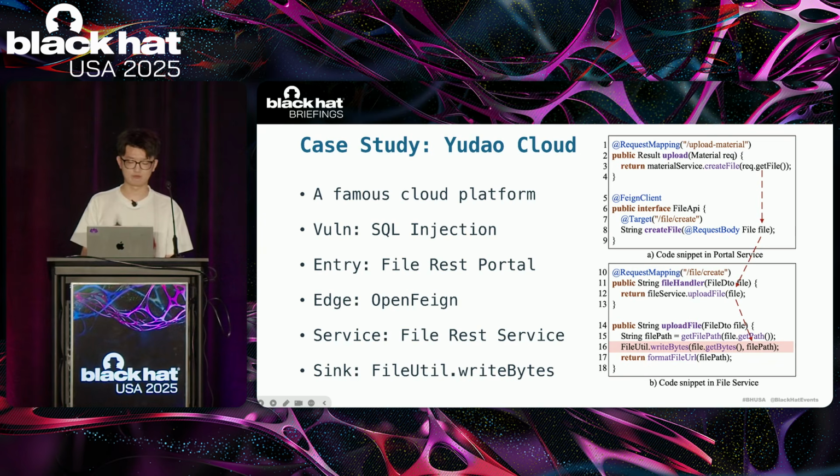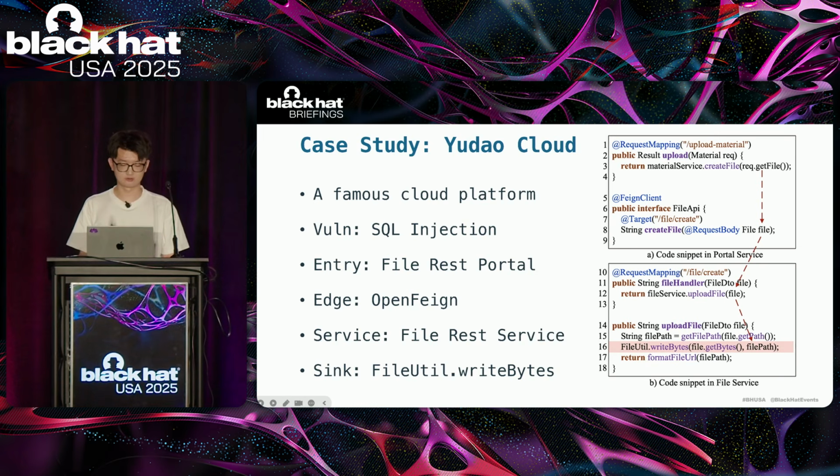Another real case comes from Yudao Cloud, which is a widely used cloud platform. Here, an exposed file upload endpoint in the file REST portal lets unsafe data pass through OpenFeign to the file REST service. OpenFeign is also a communication method. And at the end of the call chain, the FileUtil.writeBytes operation accepted the unfiltered data, creating a risk of arbitrary file writes across services.